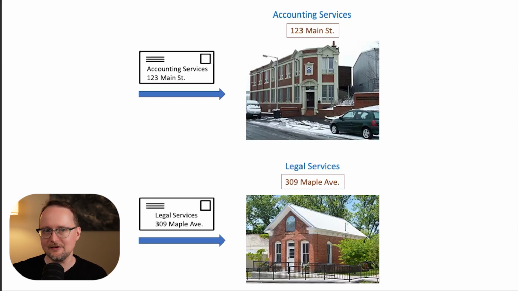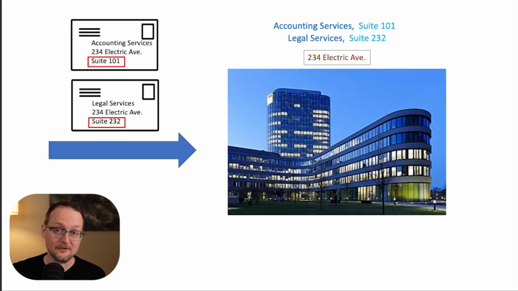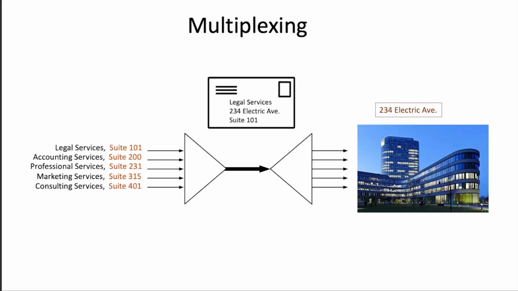This means to send a message to our accountant and our attorney, the mail carrier would have to traverse two different paths. With our office building, life is a lot easier for our mail carrier. They only have to make one trip. And this is called multiplexing, where you have separate services sharing the same path and infrastructure. In our office building example, all the services share the same physical address, and use a suite number to identify where the message will be routed inside the building.